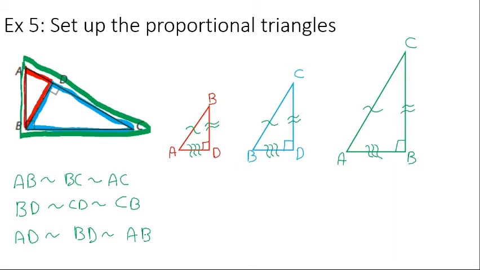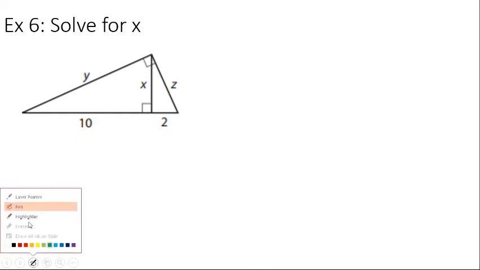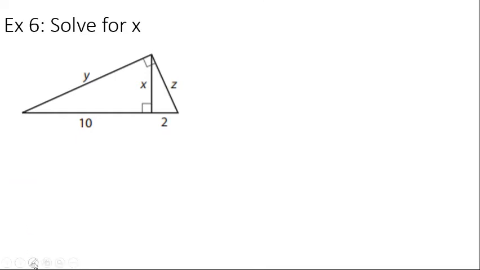Okay, so let's set up a few problems how to solve this. So looking at this problem right here. Okay, again, let's figure out what our triangles are that they give us. So first triangle is this right here. All right, so let's put in the values they give us here.